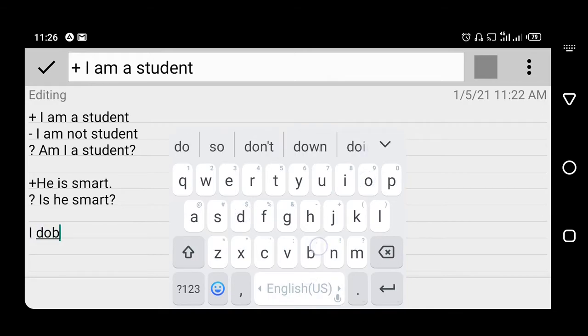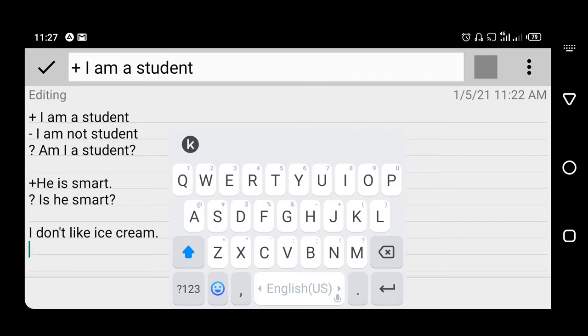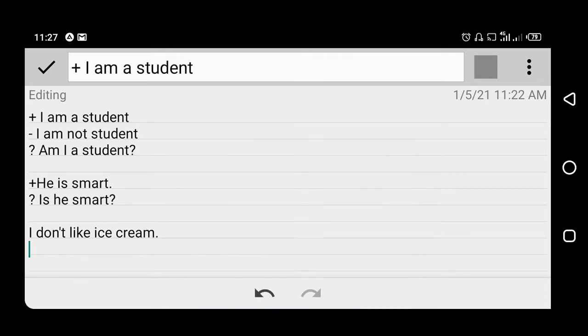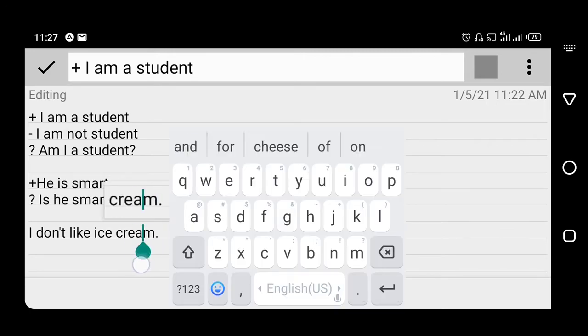I don't like ice cream. Here, nih agak susah nih. Ini kan ada don't ya kan. I don't like ice cream. I don't like an ice cream.